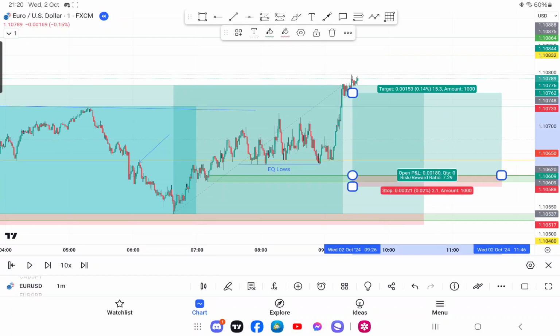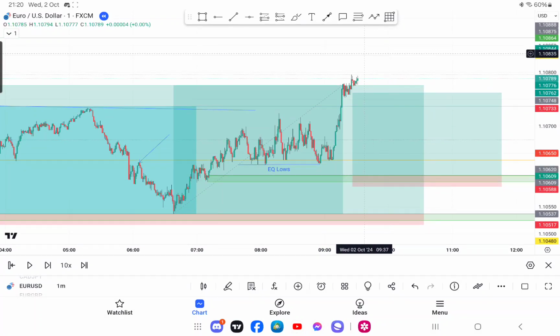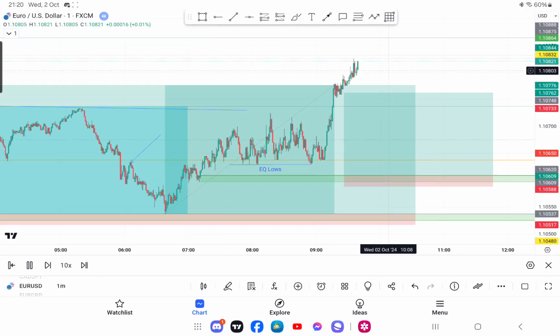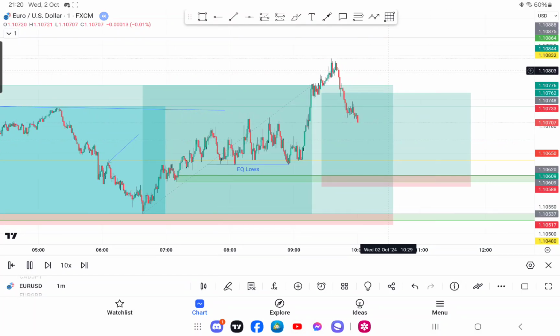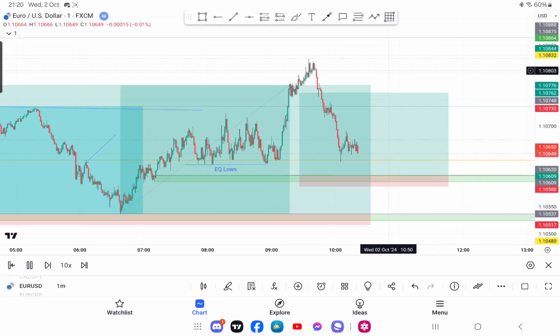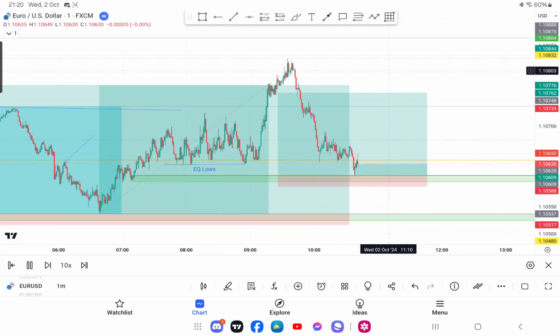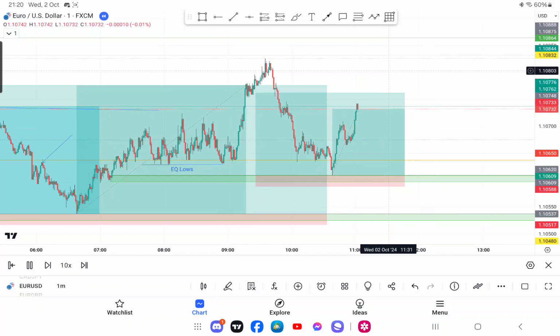It might aim for, obviously I thought it was aiming for some of these imbalance fills up here, but I know it don't make it, so there we go.